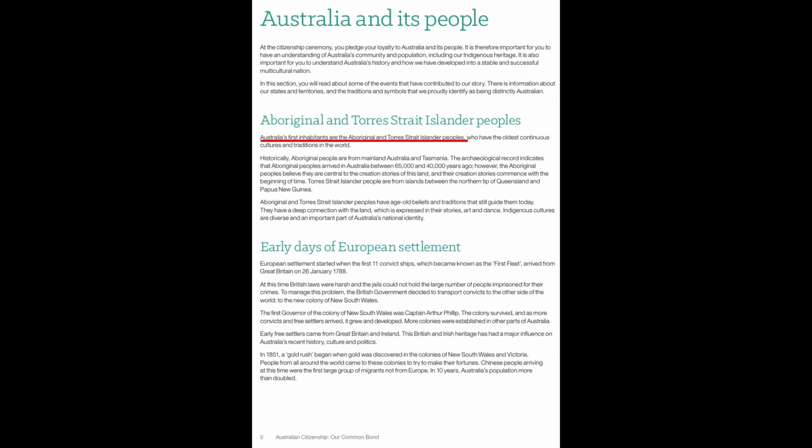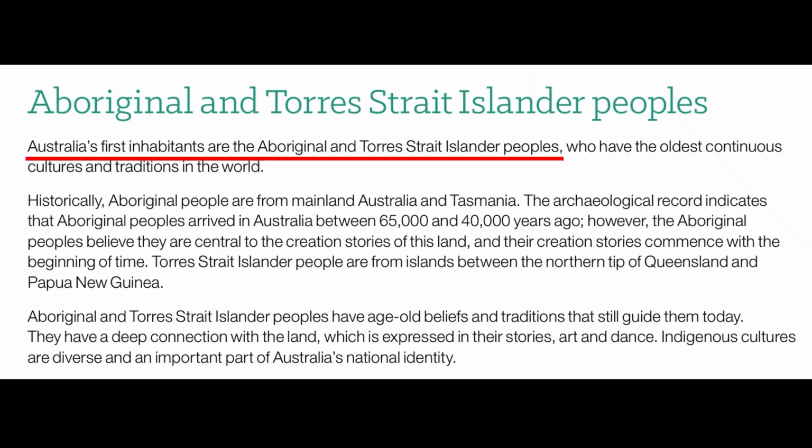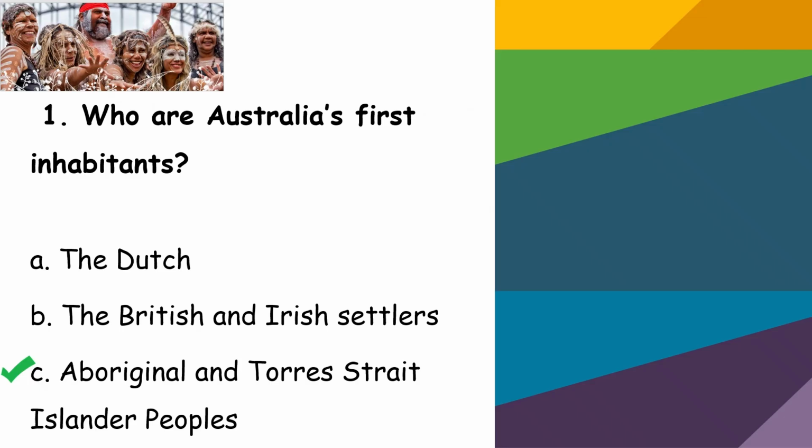We can see that page 8 in Our Common Bond says, Australia's first inhabitants are the Aboriginal and Torres Strait Islander peoples. So the answer to this question is C. Australia's first inhabitants are the Aboriginal and Torres Strait Islander peoples.